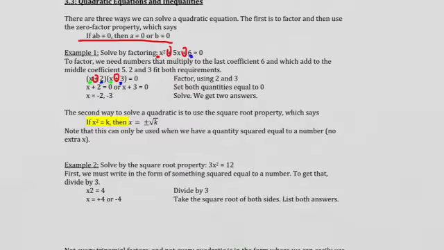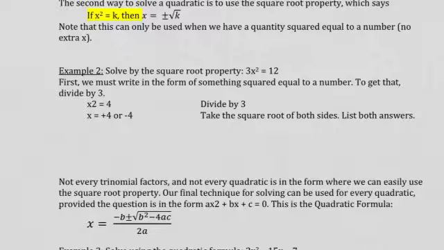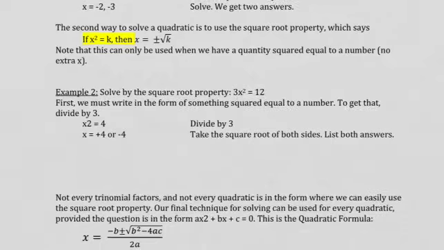We have exactly the same thing in example number 2. It is very easy to understand that if you have x squared equals 4, you are now using the second way to solve a quadratic equation, which is the square root property. When you use the square root property, x is going to be equal to plus or minus k.